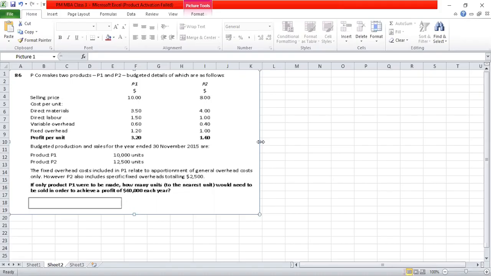Once again, the definition of fixed cost is a cost which remains fixed. Even at zero units, it is the same. Once it is incurred, even if they want to discontinue a particular product, fixed cost is unavoidable. So one more characteristic of fixed cost is that it is unavoidable.